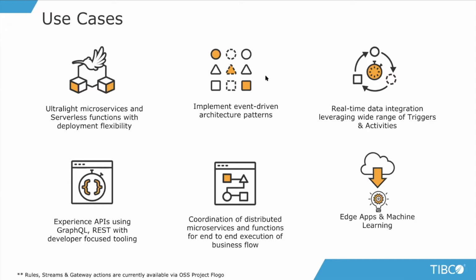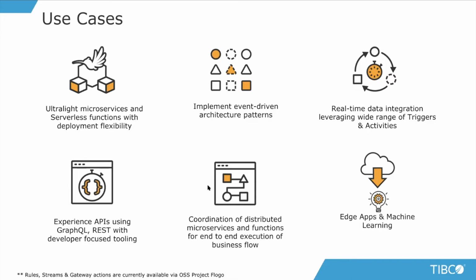As Flogo is designed for building event-driven applications, you can use Flogo to implement event-driven architecture patterns and build loosely coupled distributed applications. With the capabilities that we have added around GraphQL and gRPC, you can use Flogo to implement experience APIs focused on customer experience.